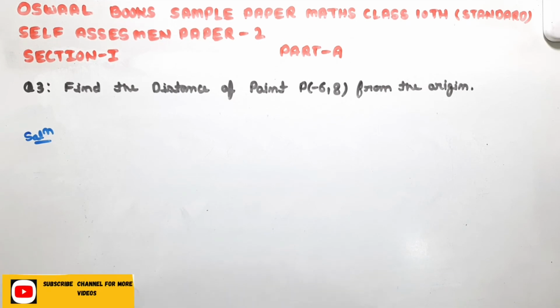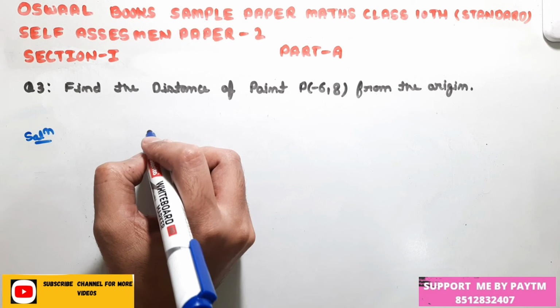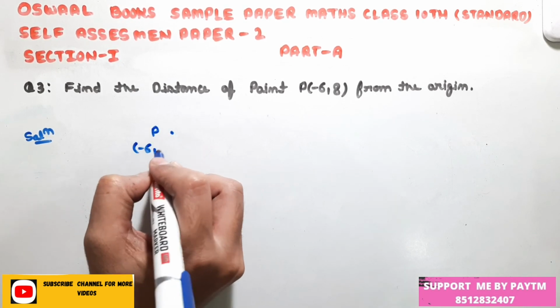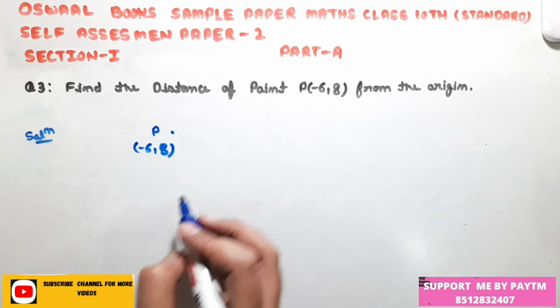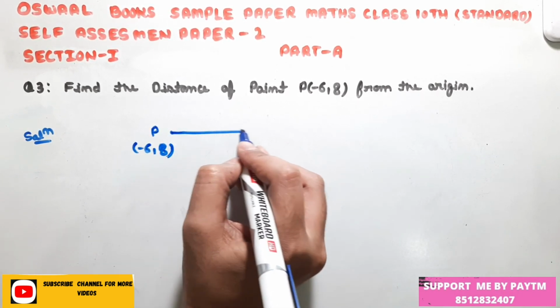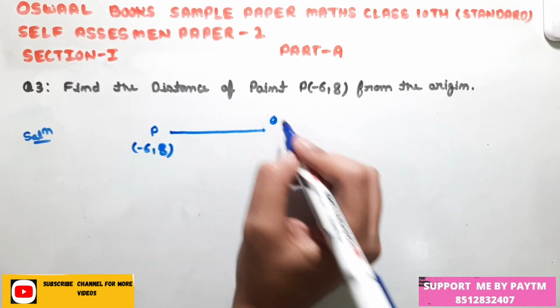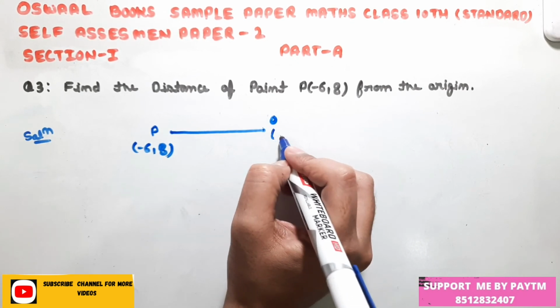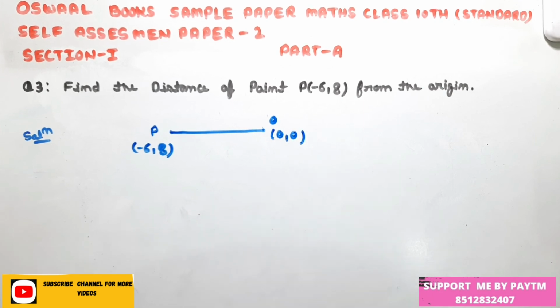Question number 3. Find the distance of point P minus 6, 8 from the origin. In this problem, we have given a point P whose coordinate is minus 6, 8. We have to find the distance of point P from origin O. We know that coordinate of origin is 0, 0.